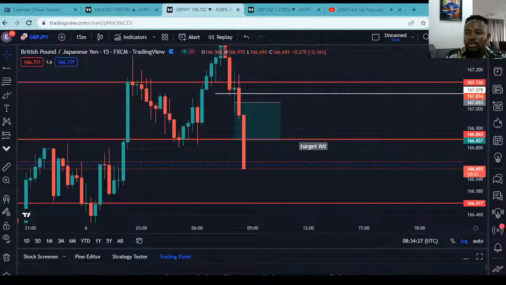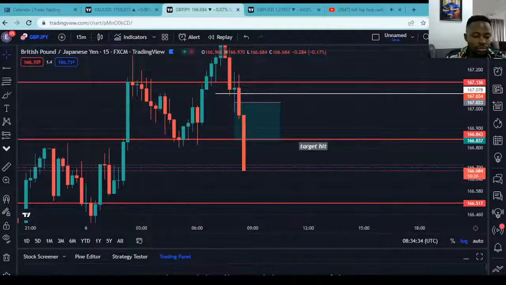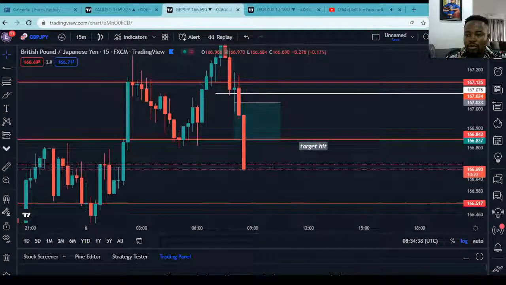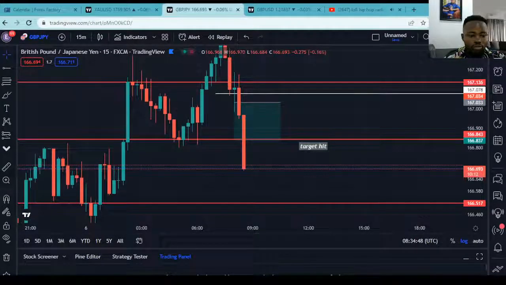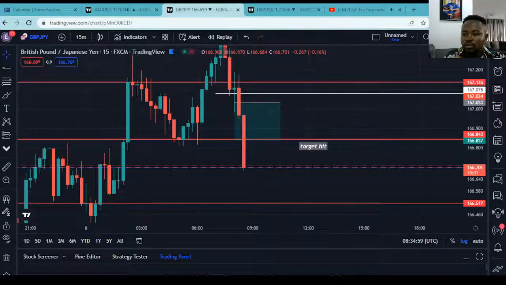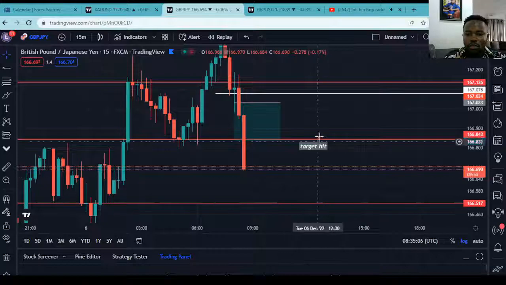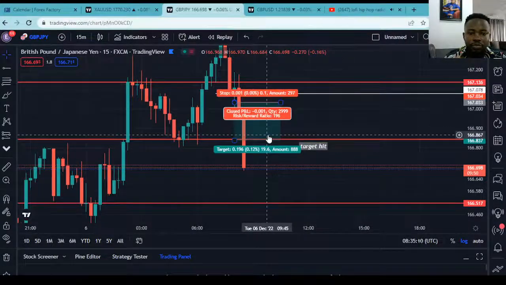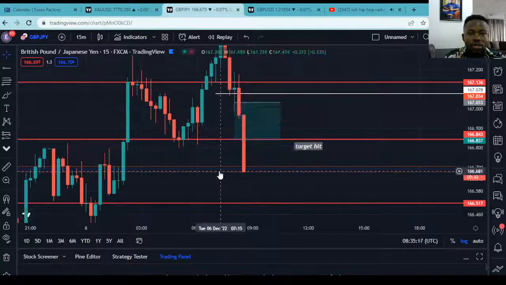Can we get 40? 36, 37, 38 pips. So this was the trade today.